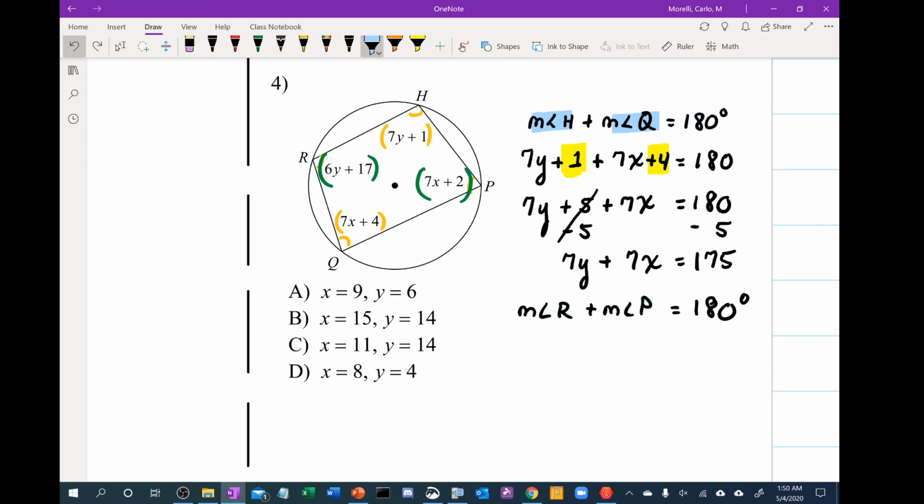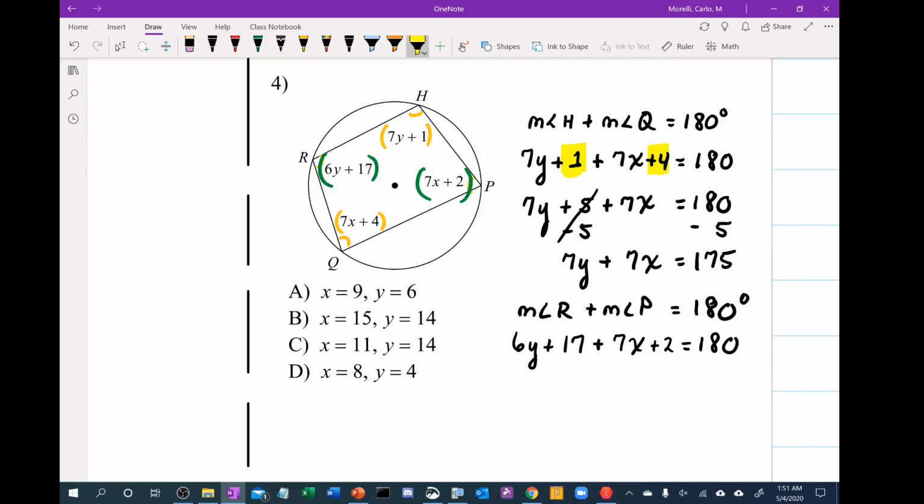It's the whole way around the circle. Okay, so we'll substitute back in the values that we know. So for R, we'll put 6y plus 17. And then for the measure of angle P, we'll put 7x plus 2, equals 180.